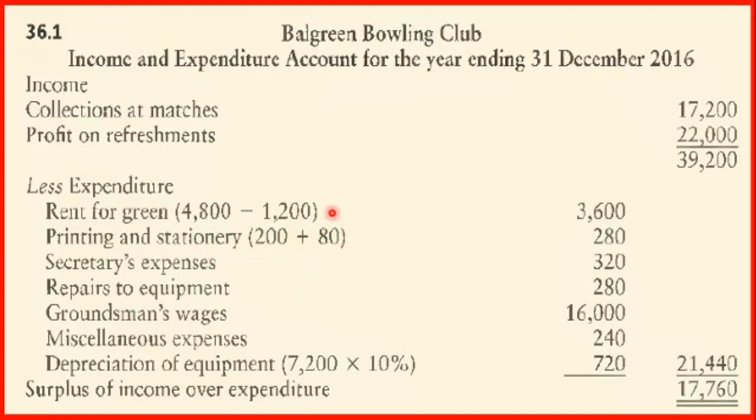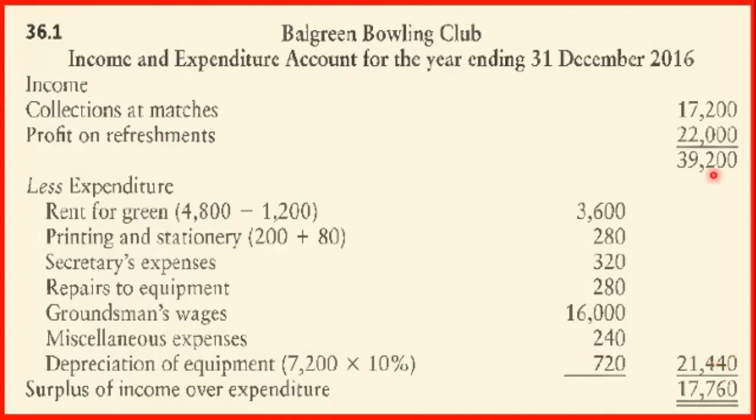Okay, so you still have your accruals and your prepaid expenses in this non-trading organization. Secretary expenses, repairs to equipment, groundsman wages, miscellaneous expenses, and another thing to note is the depreciation calculated. This is straight line method expressed as a percentage. You get 720. Add up these, you get the total expenditure.